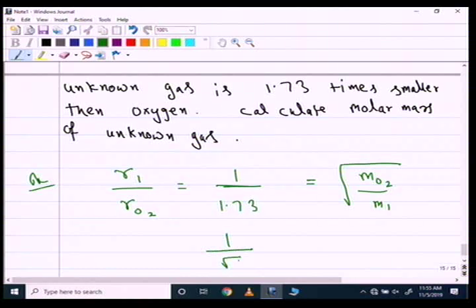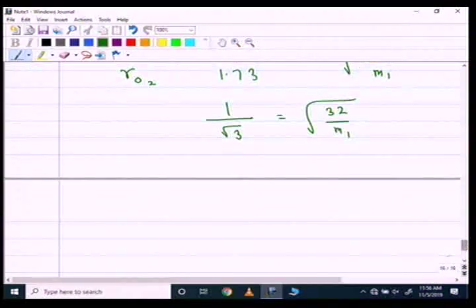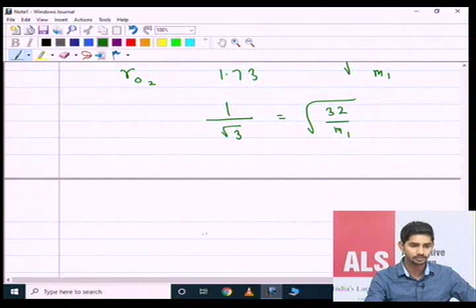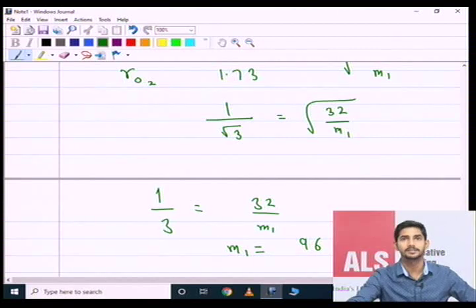I think this is root 3. Molar mass of O2 is 32 upon M1. Do you know, guys, what is the value of root 3? It is 1.73. Value of root 3. So, roots will get cancelled out. Means you can make square both the sides. On making square both the sides, you will get 1 by 3 is equals to what? 32 upon M1. So, M1 will come out to be 96 gram per mole. This is the answer.